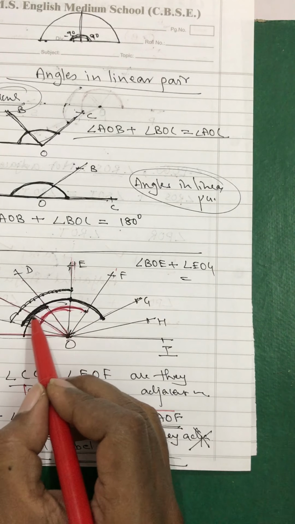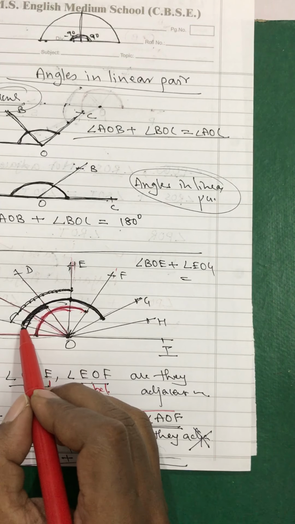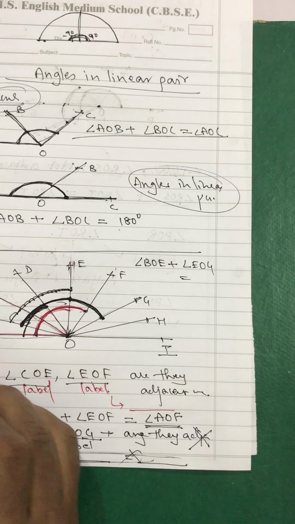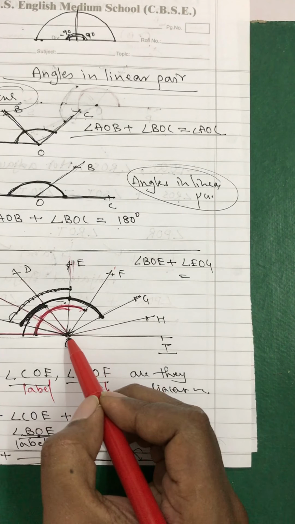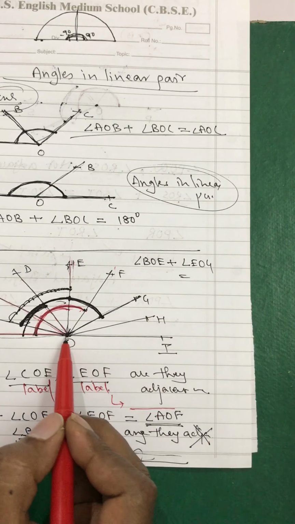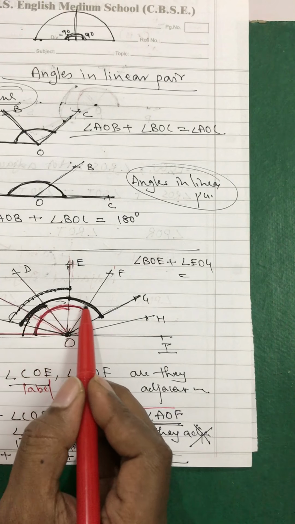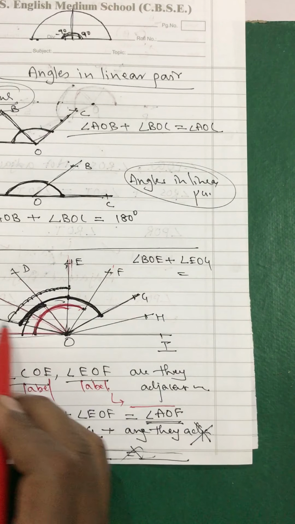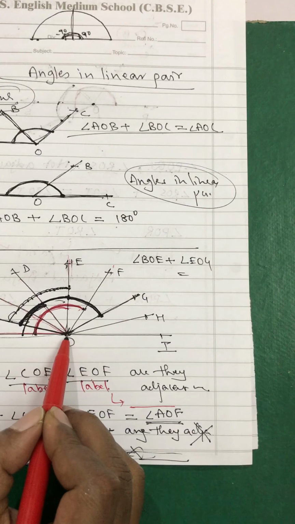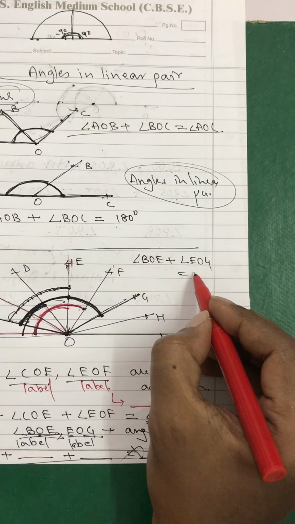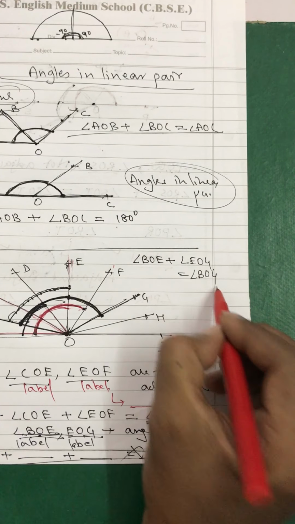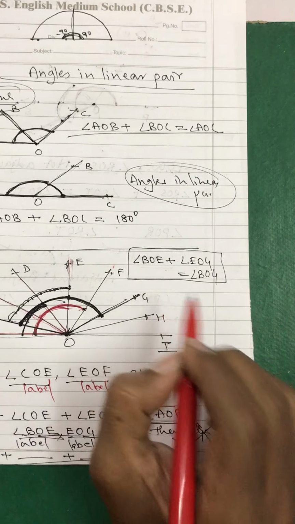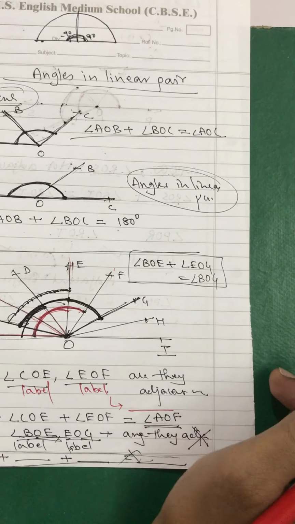What is the name of this angle? Starting from here, this arm is OB, here OG. You have to see the marking properly. OB, OG. So this will be angle BOG. Here it will be possible to apply.